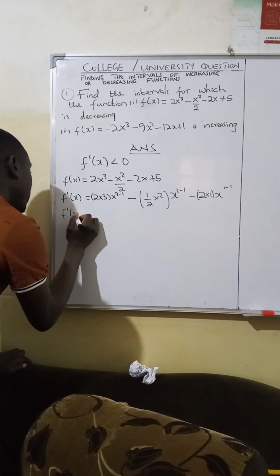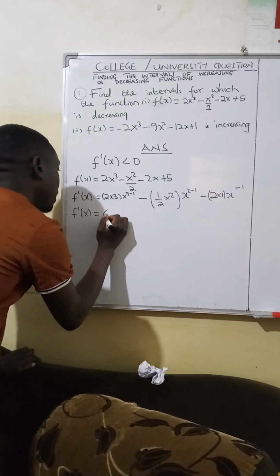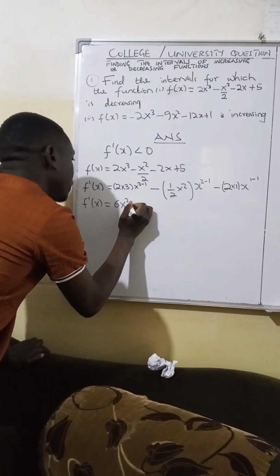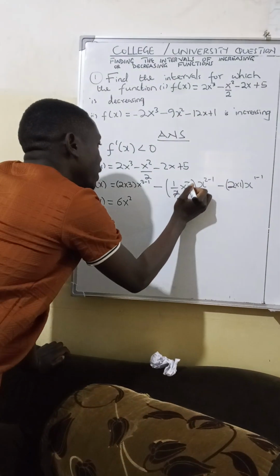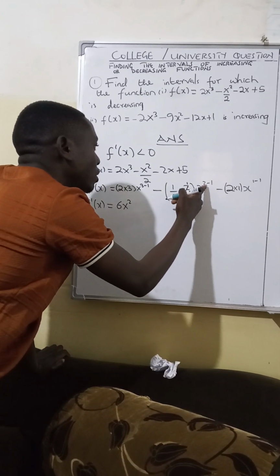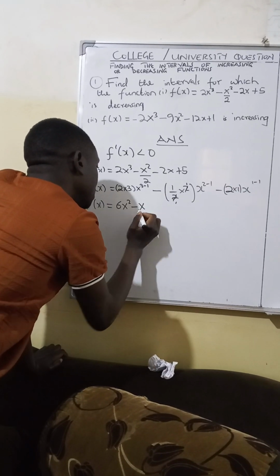So f prime of x: 2 times 3, I'm going to get 6. x, 3 minus 1, I'm going to get 2. This 2 and this 2 can cancel each other. 1 times 1, I get 1. x, 2 minus 1, I'll just get minus x.